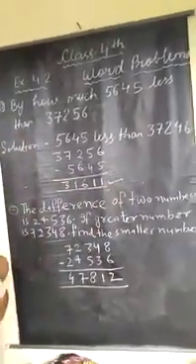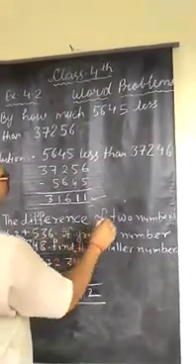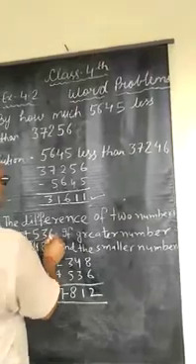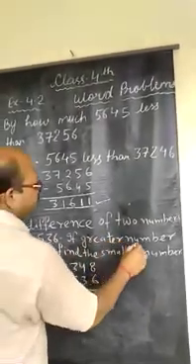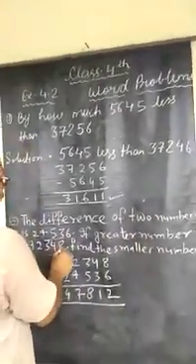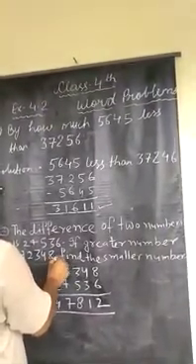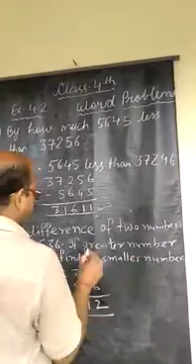In the second question, the difference of two numbers is 24,536. If the greater number is 72,342, find the smaller number.